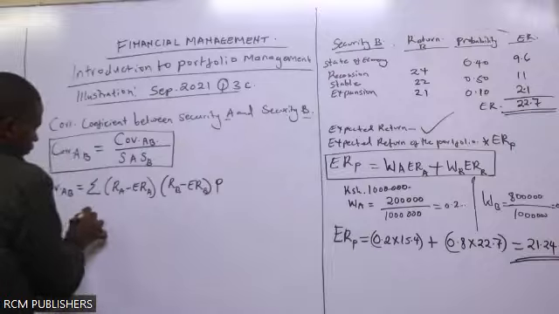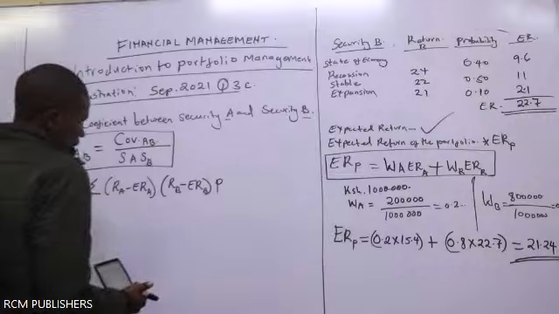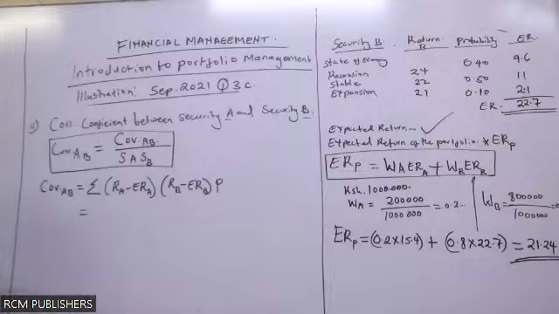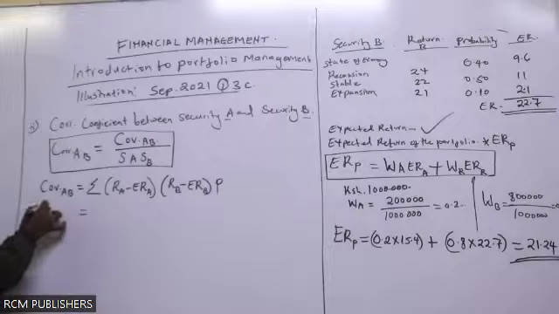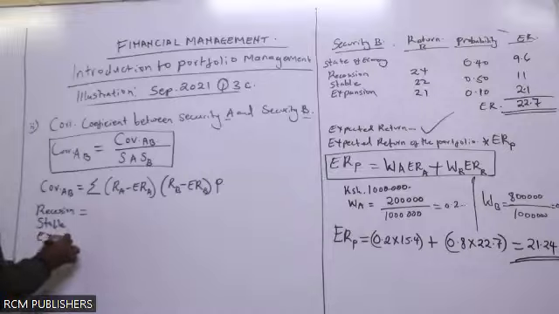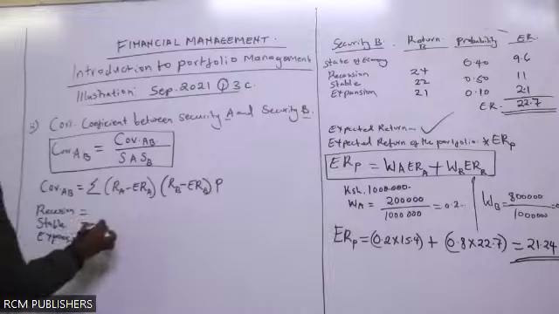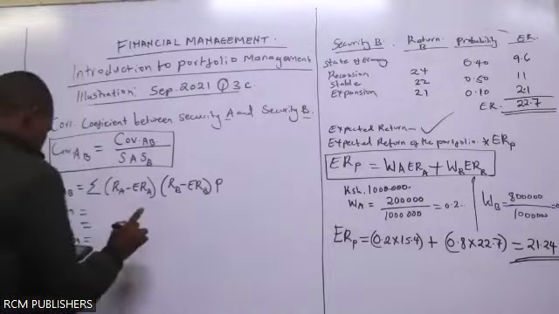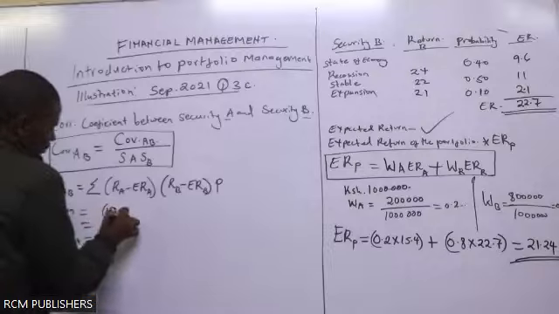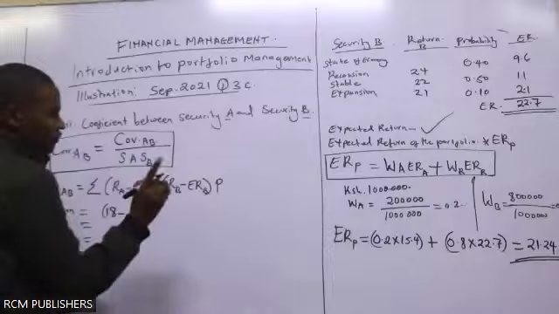So why can't we do this? Return of A under the first economic condition: we have recession here, then stable, then expansion. Moving on, we have return of A for the first one is 18 minus expected return of A, which we got as 15.4.